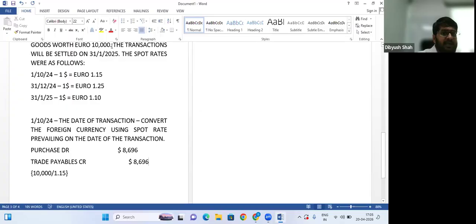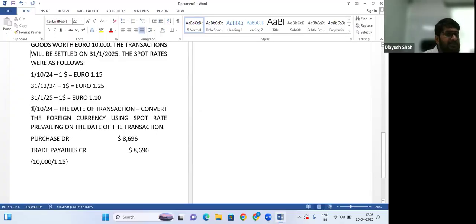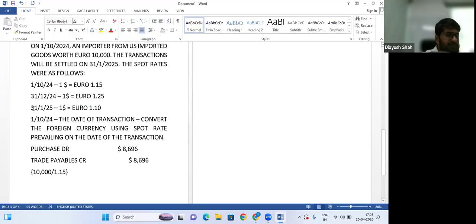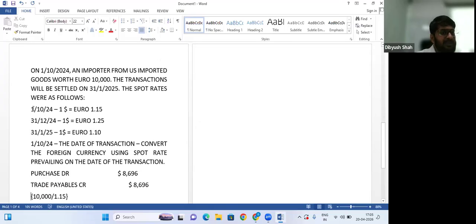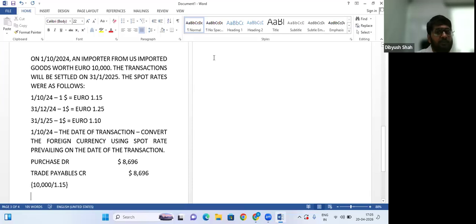Second thing is, now the transaction is not settled on the balance sheet date. I have intentionally put this because with this example, everything gets covered. The transaction will be settled after the balance sheet date. So the rule is very simple.